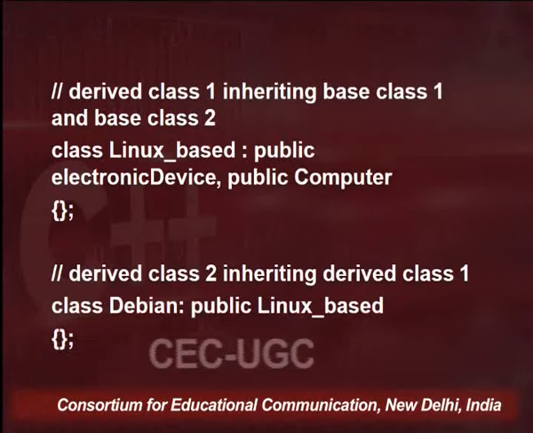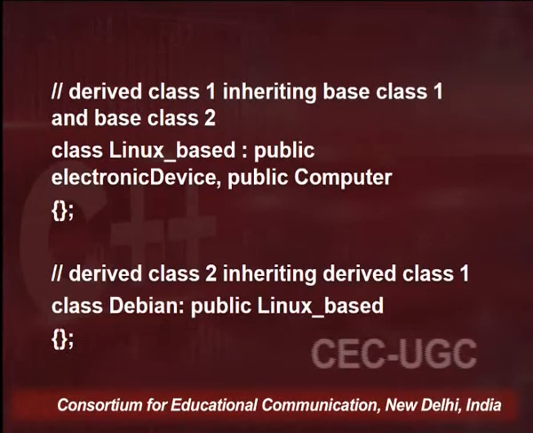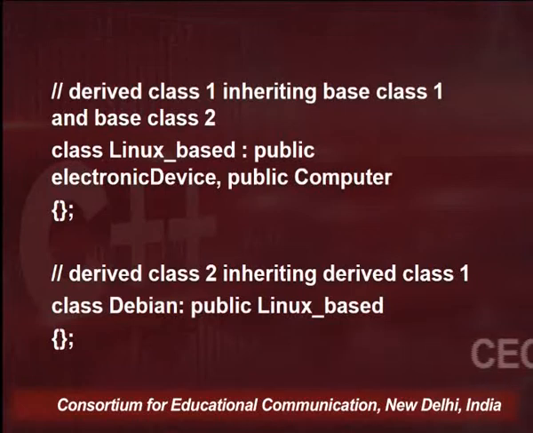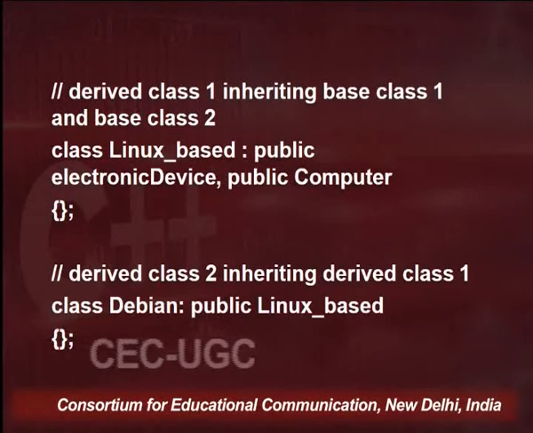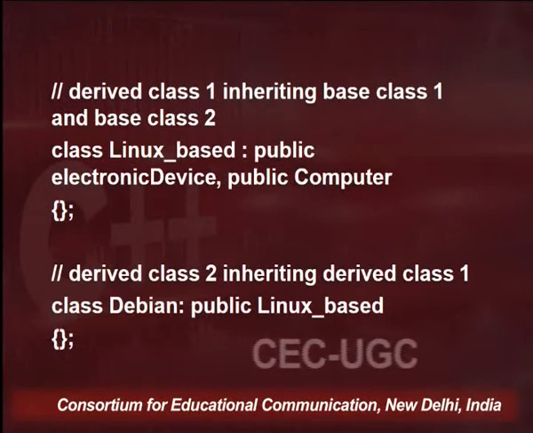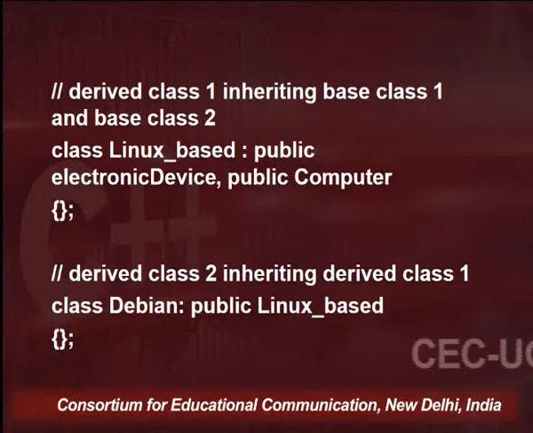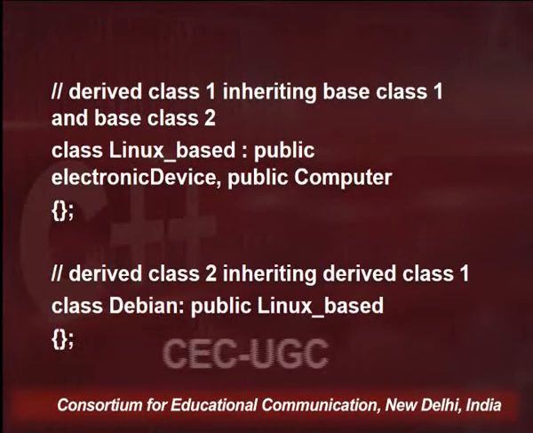Here, for the sake of simplicity, we have not given any specific class definition for LinuxBased. We have just given one empty class definition. Now this was one derived class with two base classes.